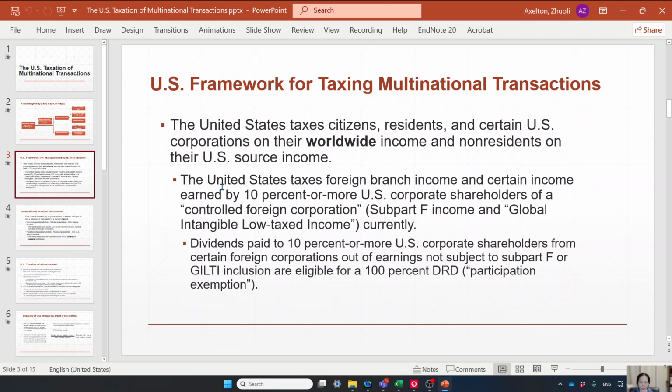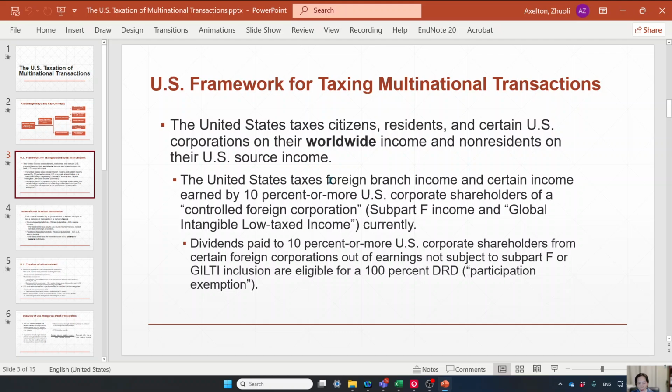And the general rule is that the United States taxes foreign branch income and certain income earned by 10% or more U.S. corporate shareholders of controlled foreign corporations. A lot of times in the international taxation arena, we call it CFC, and the other terms for this income are Subpart F income, or global intangible low-taxed income.